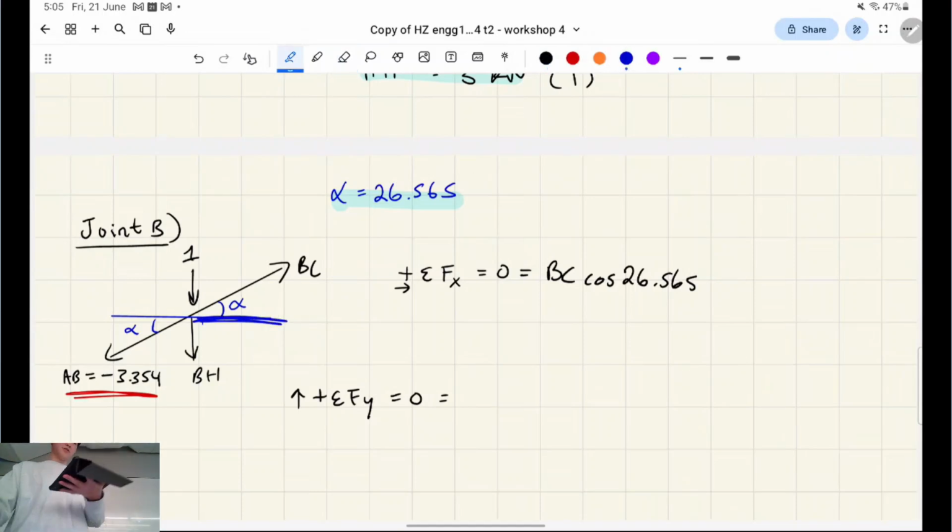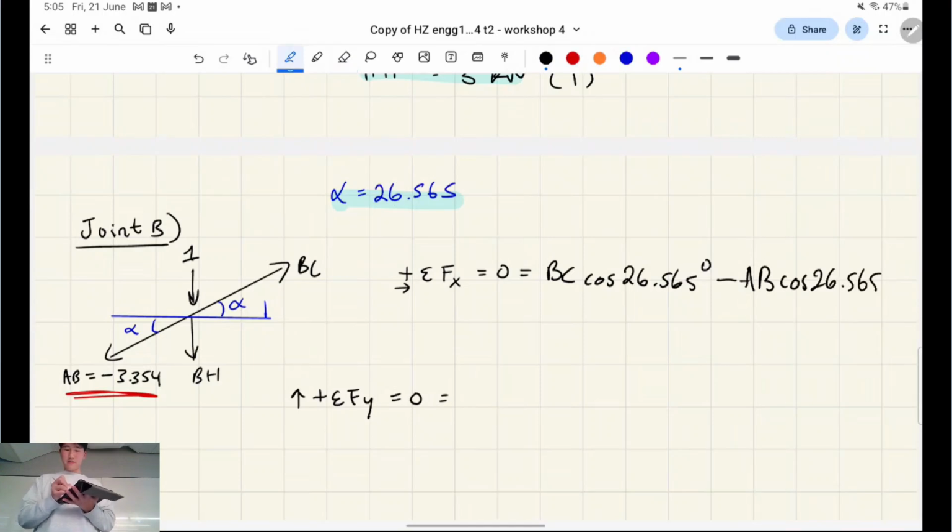We're taking the horizontal forces, so we take the adjacent side of this right angle triangle. And then minus this AB. Again, we choose the negative sign here because the arrow is pointing to the left. So AB cosine 26.565.